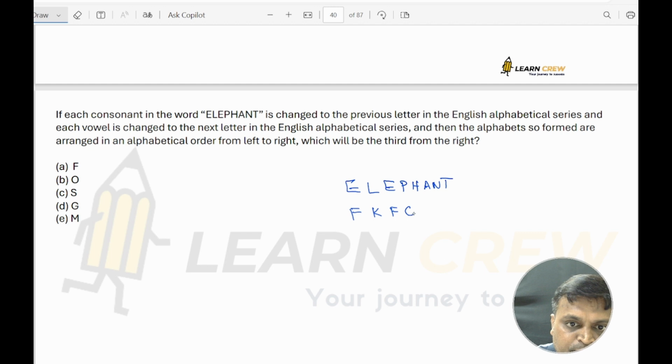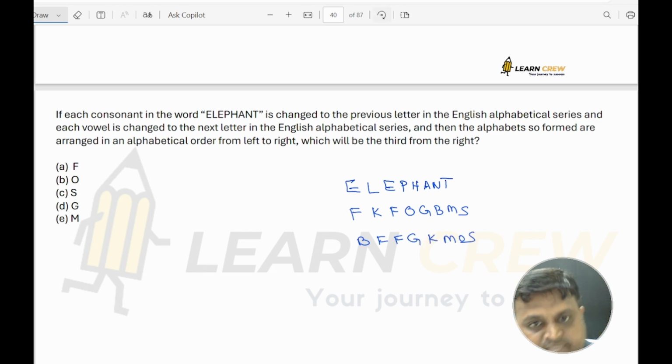P becomes O. H becomes G. A becomes B. A becomes B. N becomes M. T becomes S. All the letters are arranged in alphabetical order from left to right. So you get B, two F's, then G, K, M, O, S. Which will be third from right? Third from right is M. So the answer is M.